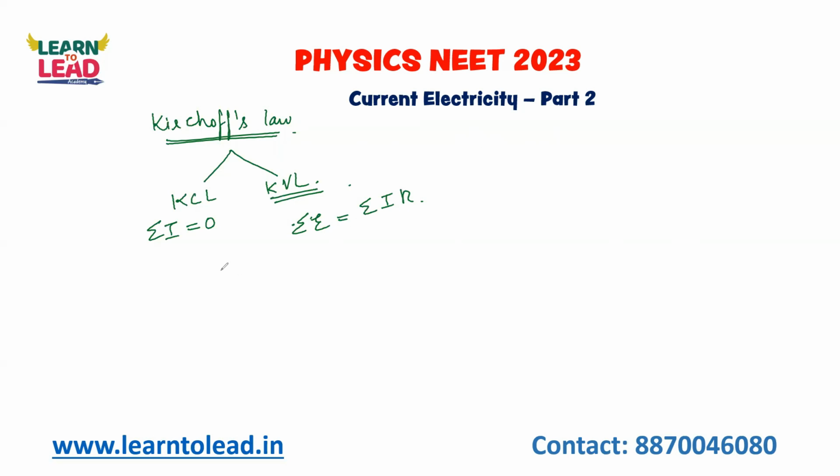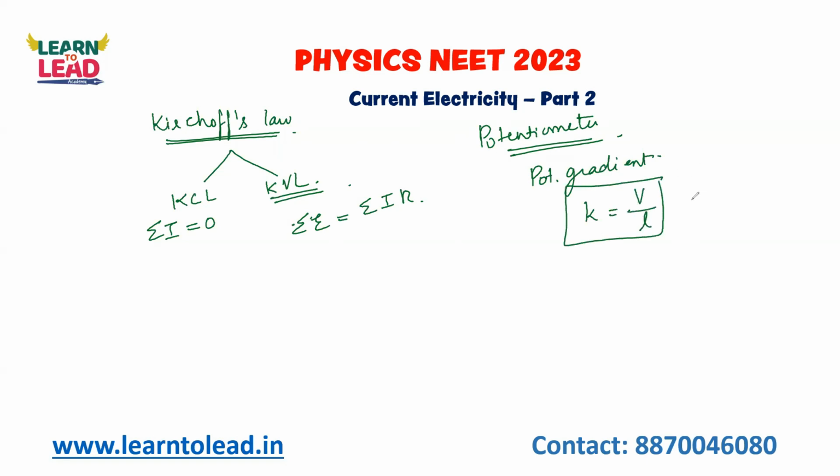In case of potentiometer, first you should know a term, potential gradient. We represent it as K. Voltage per unit length is the potential gradient, and its unit is volt per meter in SI, and volt per centimeter in CGS. Now in case of potentiometer, E2 by E1 is equal to L2 by L1.